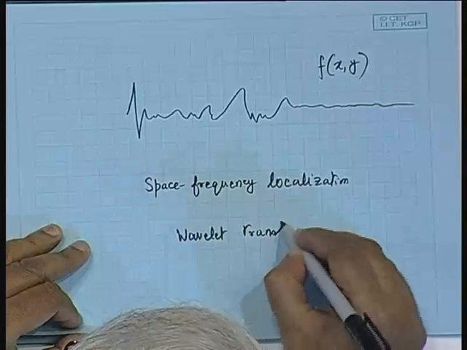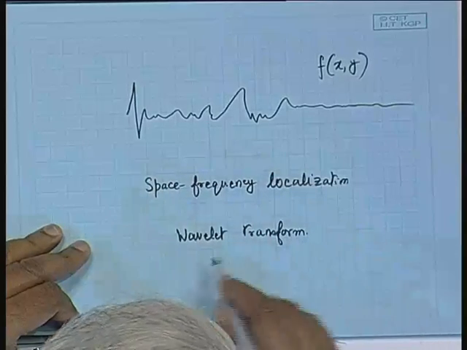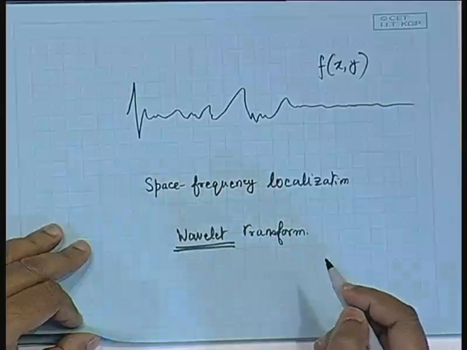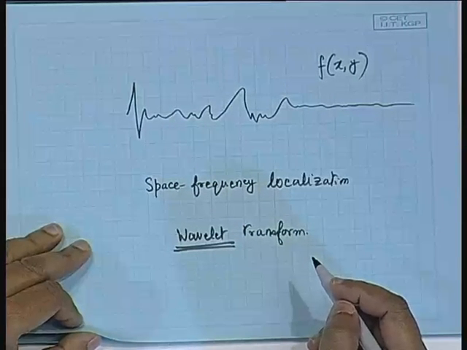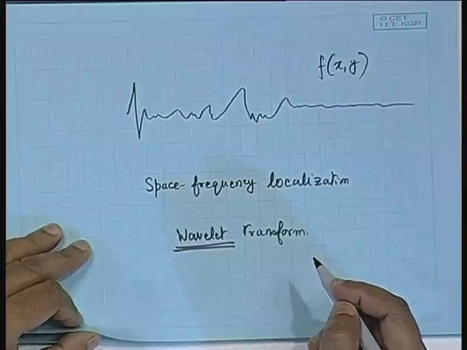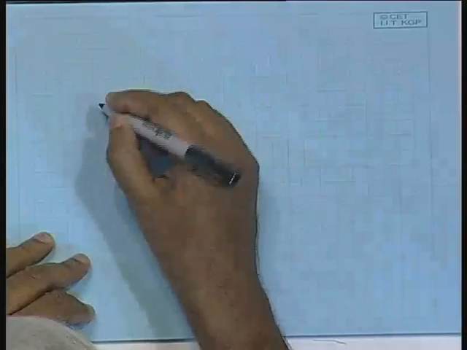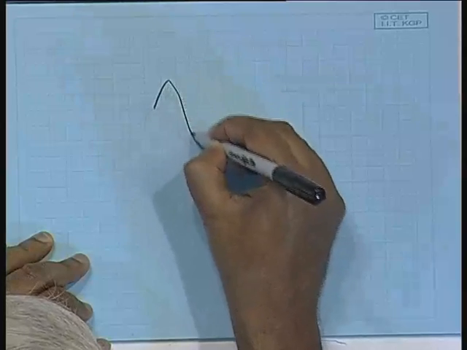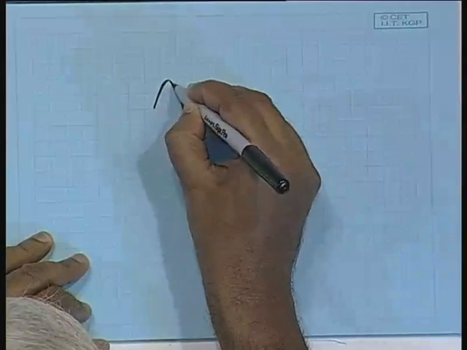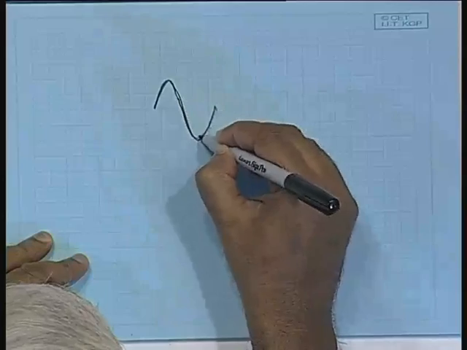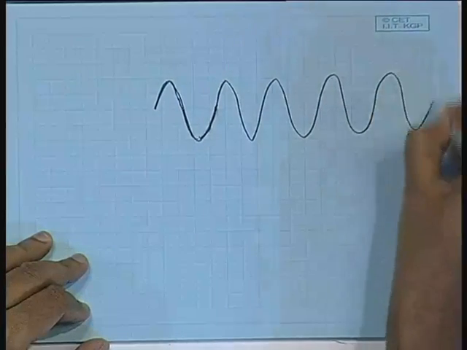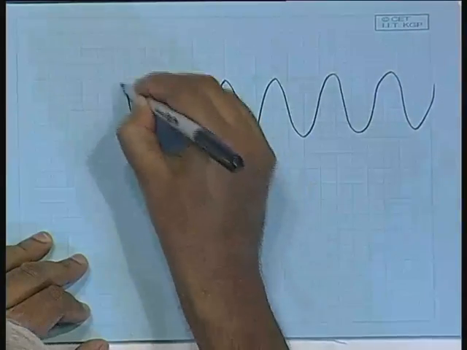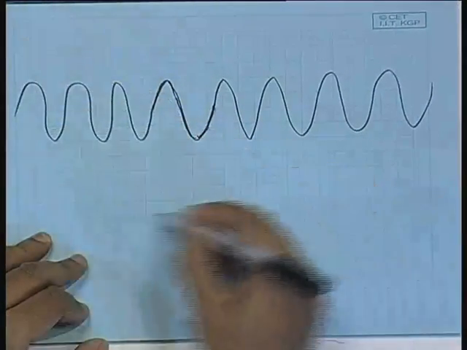Now, as the name implies, we are not calling it a wave, we are calling it a wavelet. Wavelet means a small wave. This is just one cycle of a sine wave, but an actual sine wave is like this, going to infinity, starting from minus infinity.